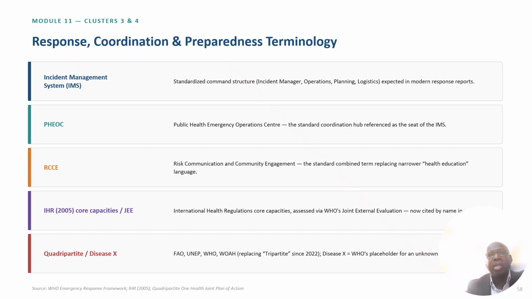That's all in one. It could be standardized command structures like incident managers, operations, planning, and logistics. That is expected from a modern response report.